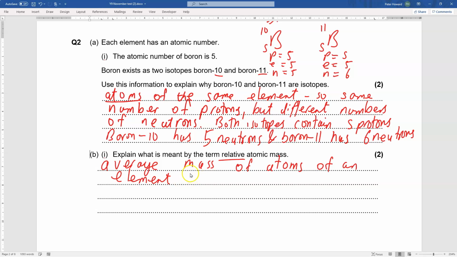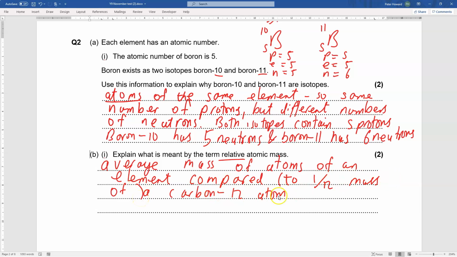And then we say what it's relative to or compared to. 1/12 mass of a carbon-12 atom.